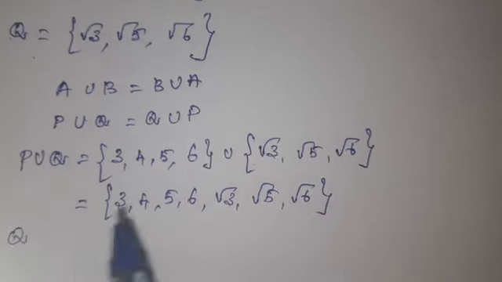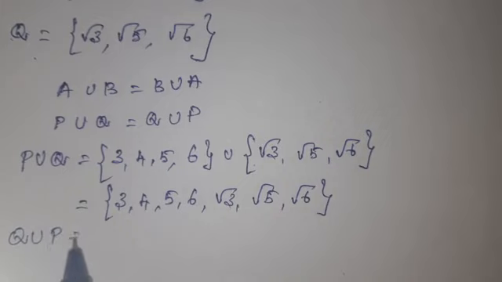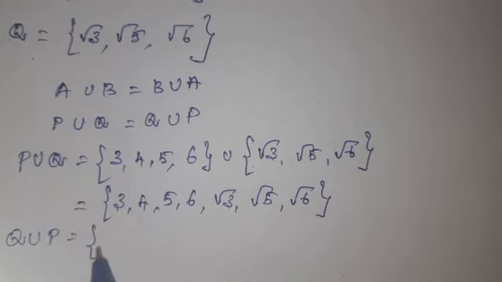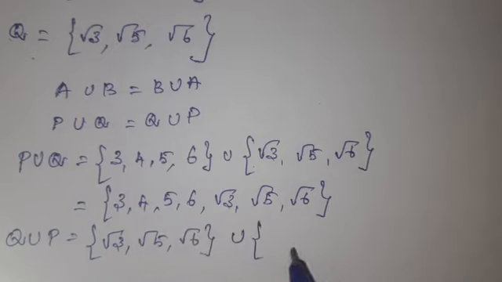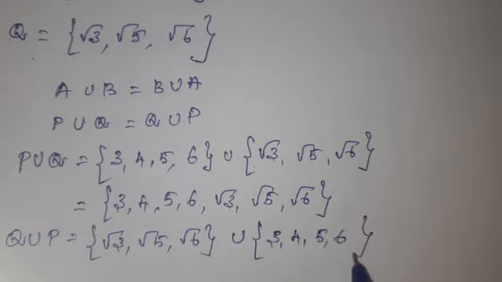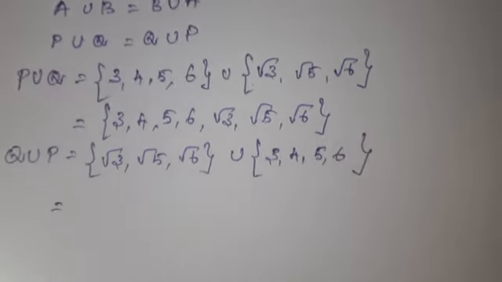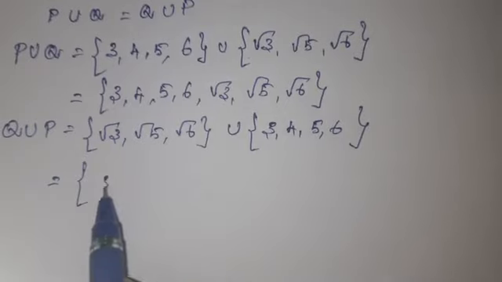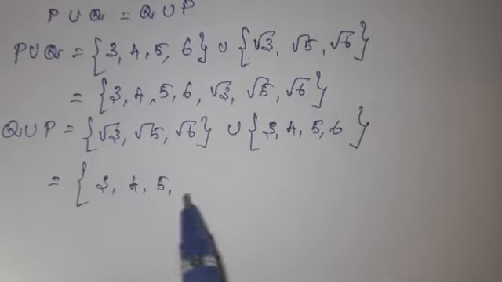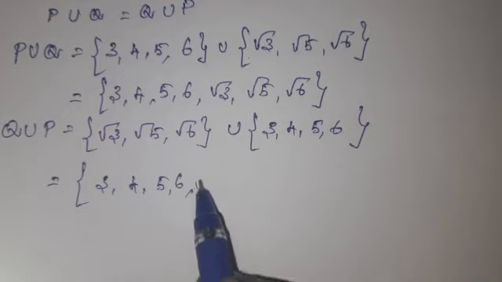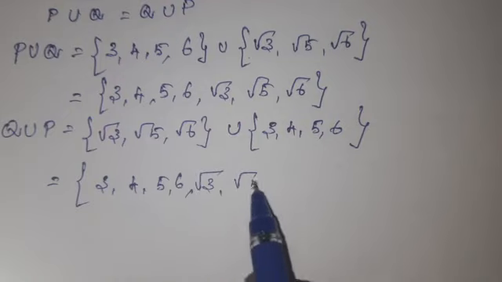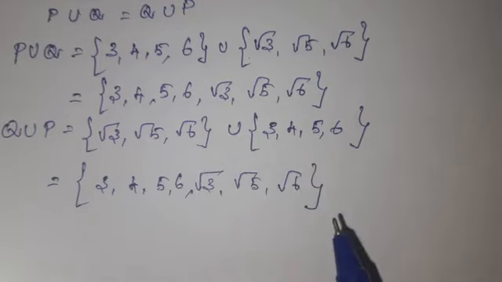Next, find Q union P. First you should write the Q set, which is root 3, root 5, root 6, union the P set, which is 3, 4, 5, 6. For both you should take the union. First I am writing 3, 4, 5, 6, then root 3, root 5, root 6.